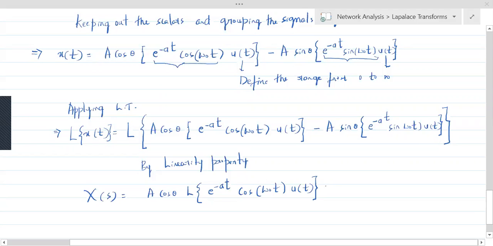Similarly here, we keep the scalars out and apply Laplace transform only on e power minus at sine omega naught t u of t.